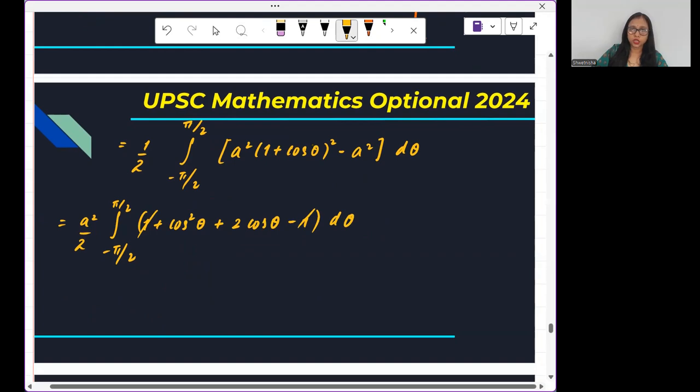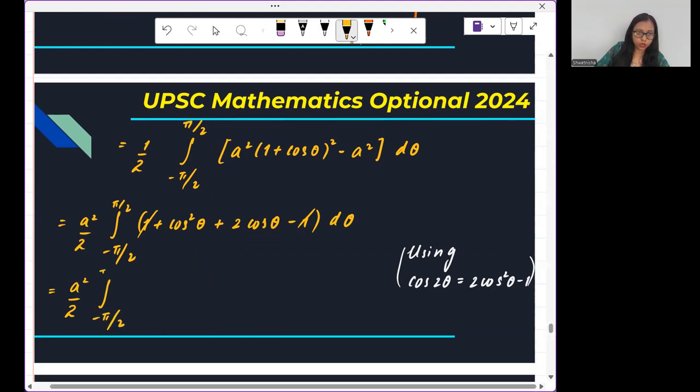So using cos 2 theta equals 2 cos squared theta minus 1, we get a squared by 2, minus pi by 2 to pi by 2, 1 by 2 plus cos 2 theta by 2 plus 2 cos theta d theta.